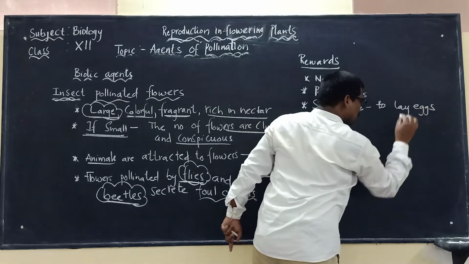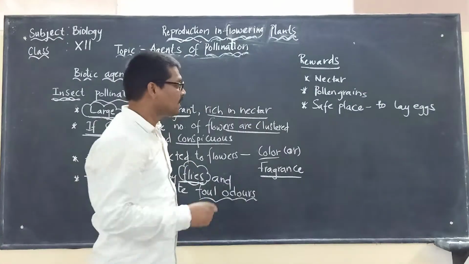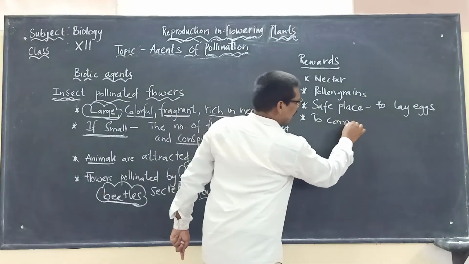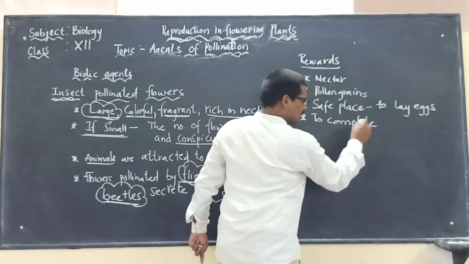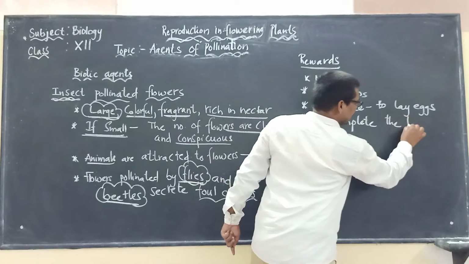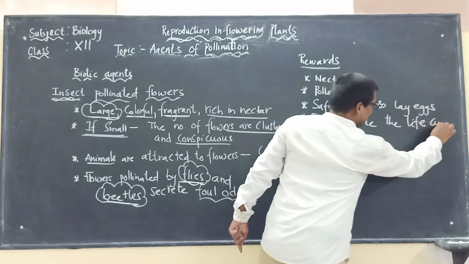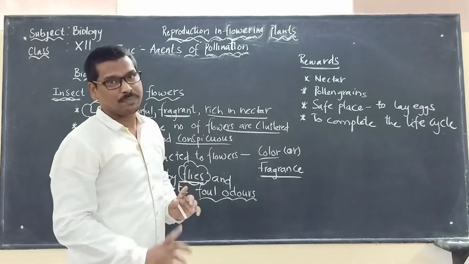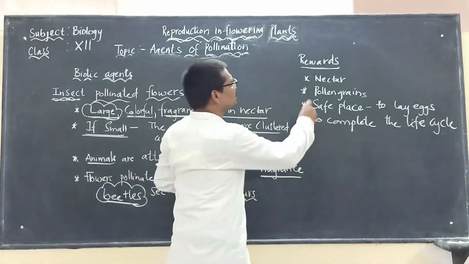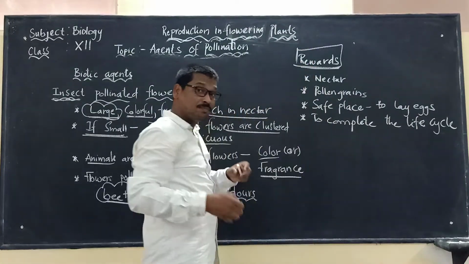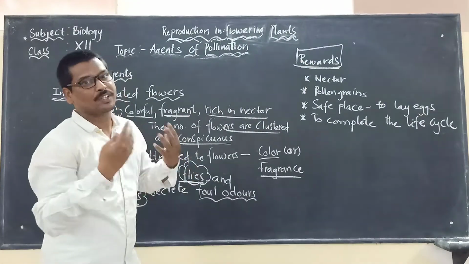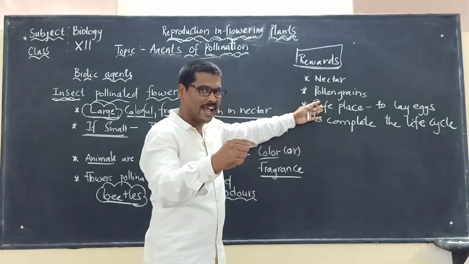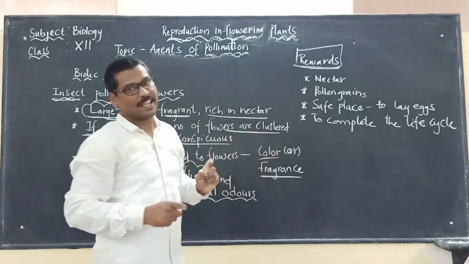This is also very important. And at the same time, to complete the life cycle of an insect, both for the plant and also for the insect, pollination is very important. So these are some rewards the flowers or the plants will be providing for those animals: nectar, pollen grains, a safe place to lay eggs, and also to complete the life cycle.